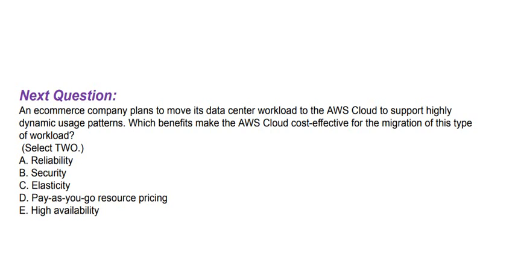Option B, security. Option C, elasticity. Option D, pay as you go resource pricing. And option E, high availability. The correct answer is option C and D.